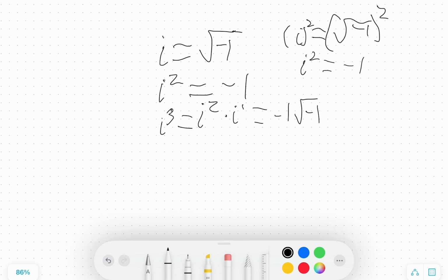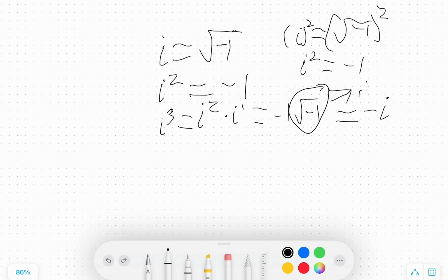So -1 times i equals -i. So i cubed is i squared times i, and i squared is -1. We don't want to put square roots of negative numbers here. We just write them as i. That's why we don't write this as negative square root of -1. You just write it as -i.